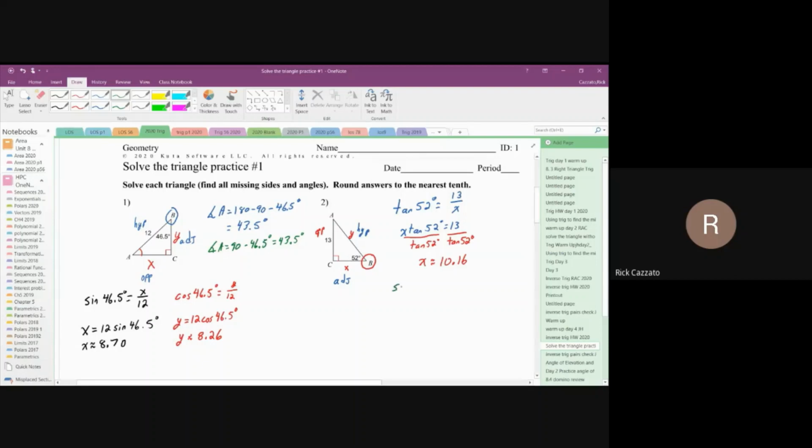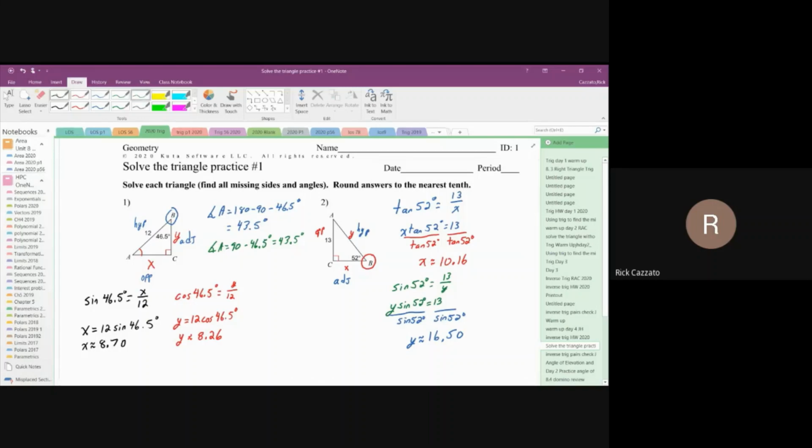I'll use the sine of 52 degrees is equal to 13 over y. Again, cross multiplying. Y sine of 52 is equal to 13, and divide by the sine of 52. And using the calculator, I'm going to get y is around 16.50.